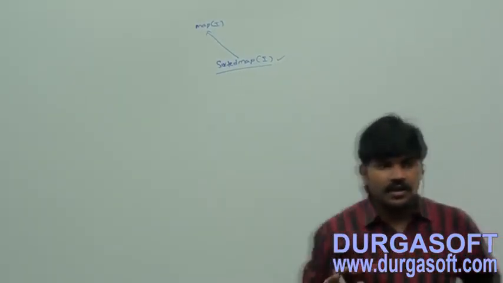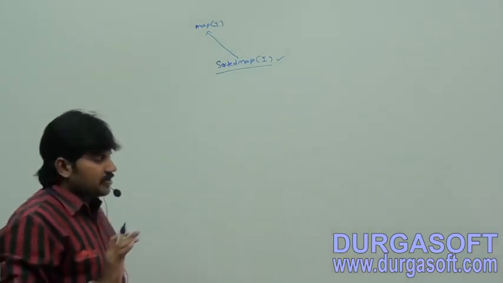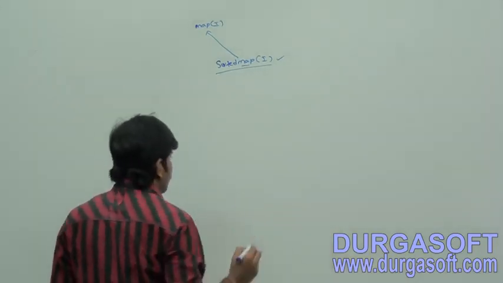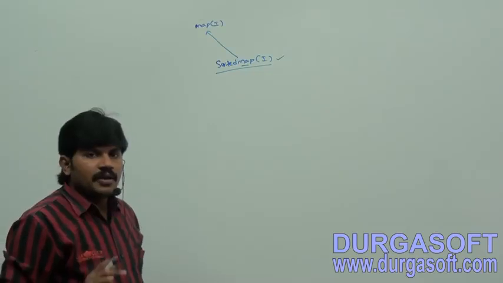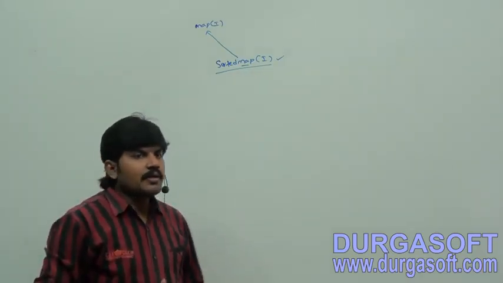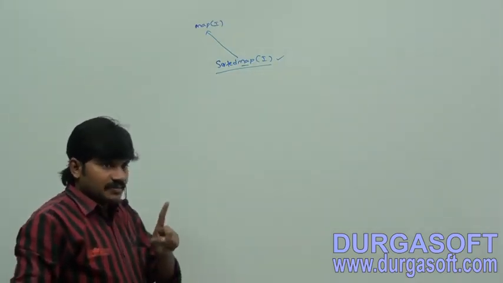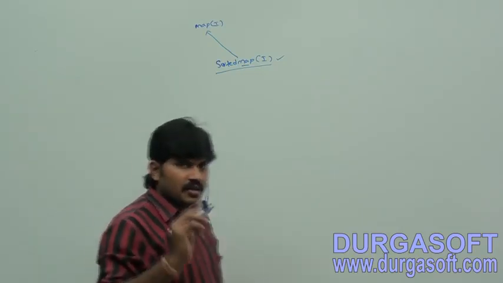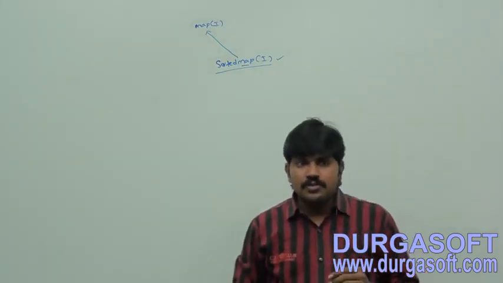If you want to represent a group of key value pairs, so it is a Map, a group of key value pairs, where all entries will be inserted according to some sorting order of keys. Remember, is sorting based on the key or based on the value? Sorting is based on key.